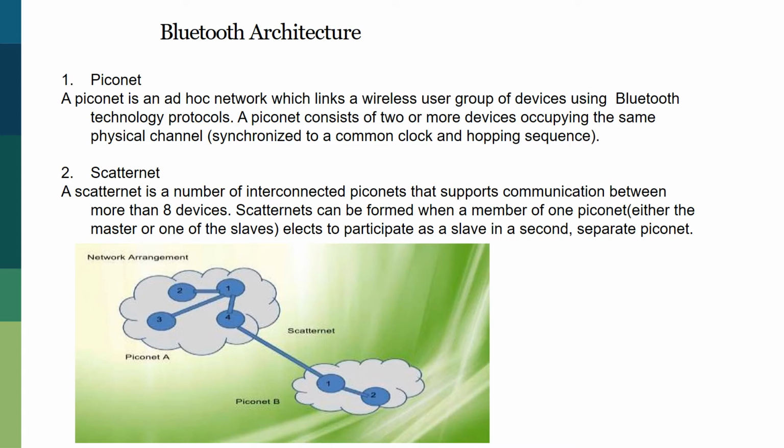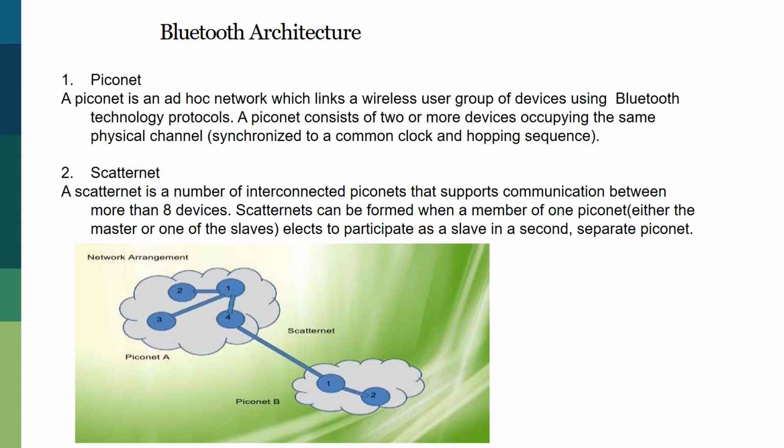Coming on to the scatternet, it is a number of interconnected piconets that supports communication between more than 8 devices. For example, you have a separate ad hoc network called piconet A and another network called piconet B. Piconet A and piconet B can be joined together to form a scatternet. Scatternets can be formed when a member of one piconet, either the master or one of the slaves, elects to participate as a slave in the second separate piconet.